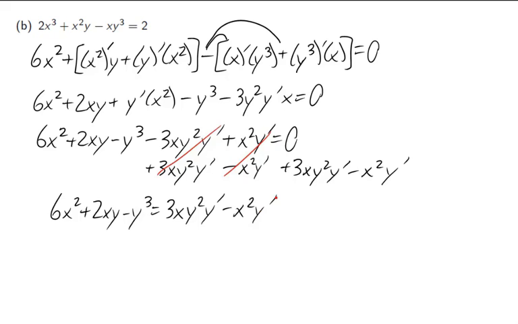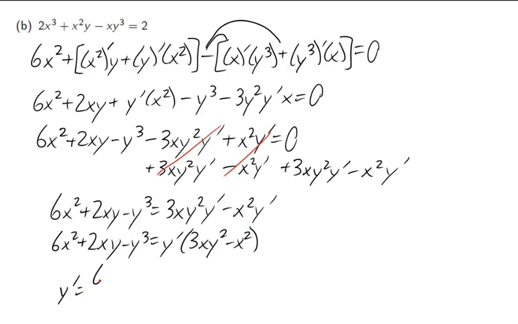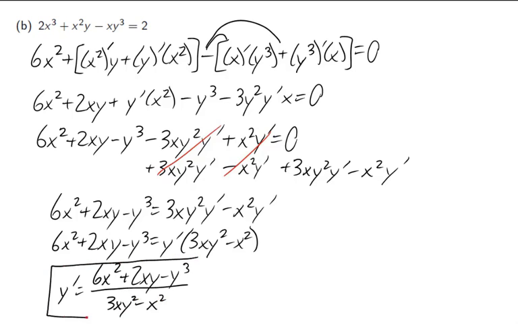And now we'll do the same thing as we usually do. Factor out the y prime. I get y prime times 3xy squared minus x squared. Divide and we get y prime equals 6x squared plus 2xy minus y cubed over 3xy squared minus x squared.